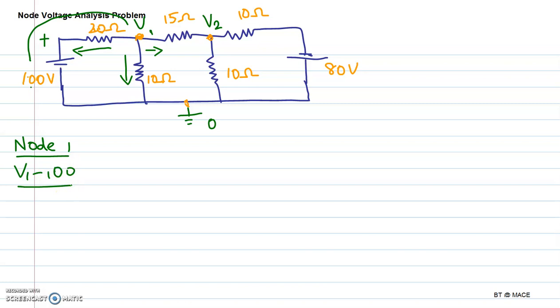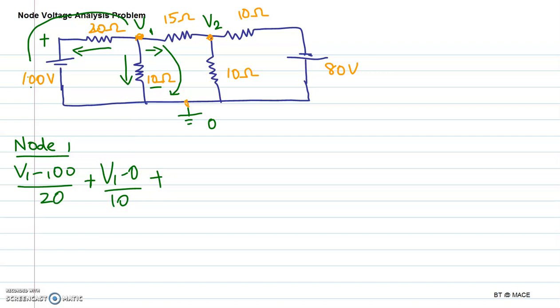divided by the corresponding resistance, 20, plus, because all the currents are leaving, V1, and this is at 0 potential, so it is V1 minus 0 divided by the corresponding resistance, 10, plus.